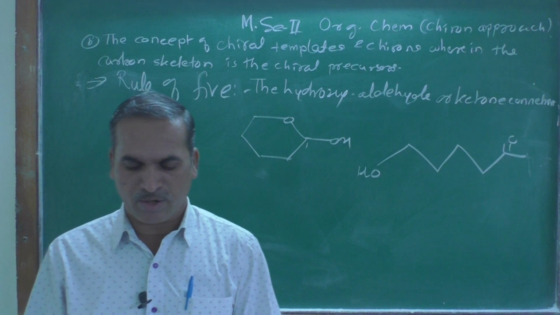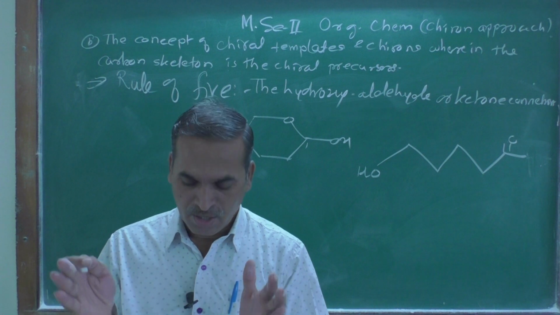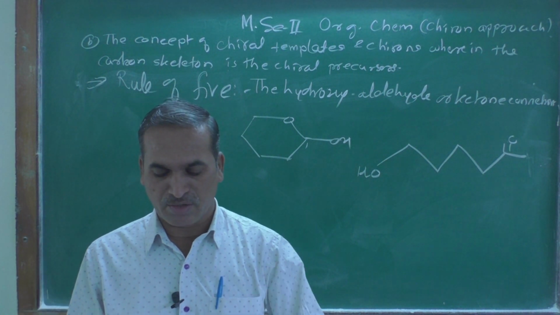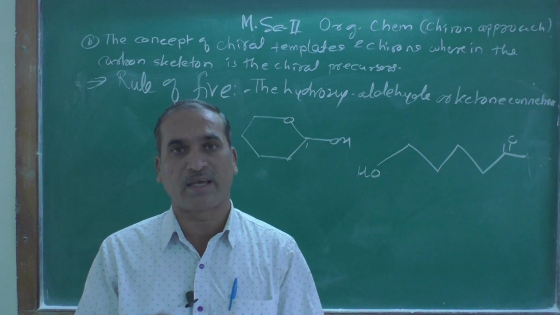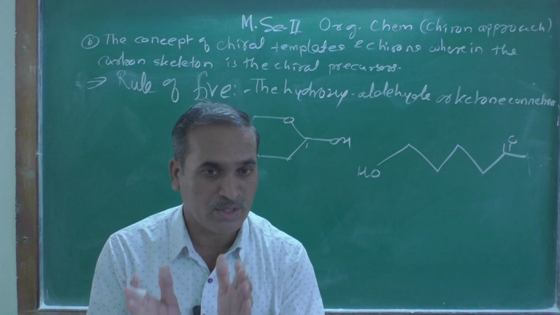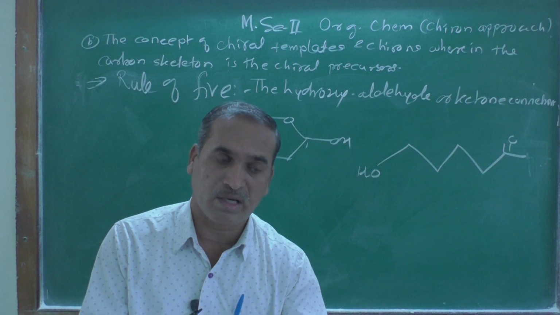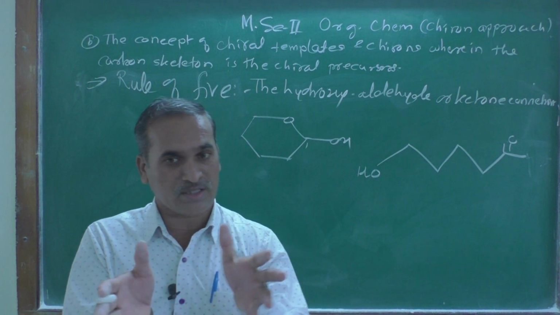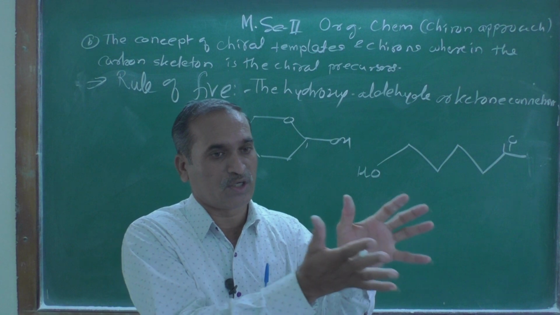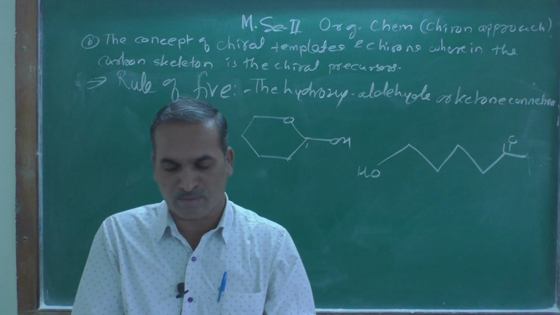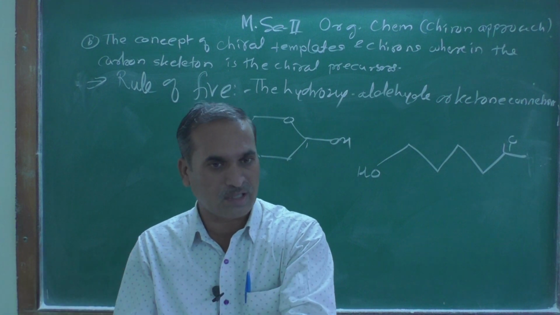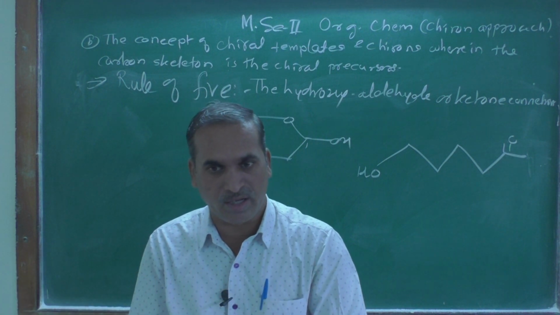In a large number of syntheses based on carbohydrate precursors, the chiron is derived from the cyclic derivatives. The chiron is an intermediate, and by treating it with some reagent you get the final target molecule. That chiron is obtained from a precursor or template which is naturally available.